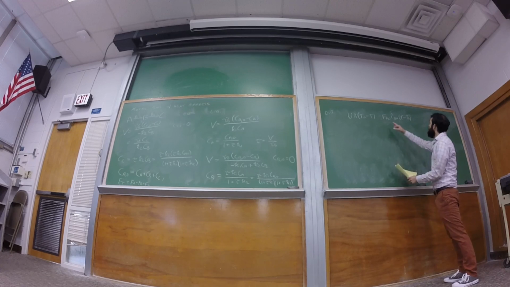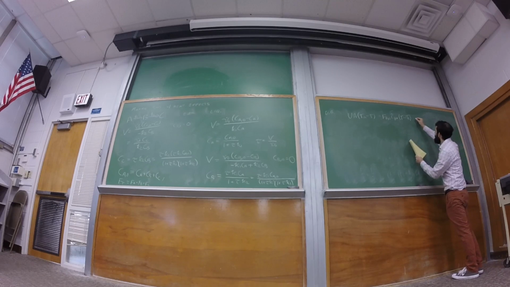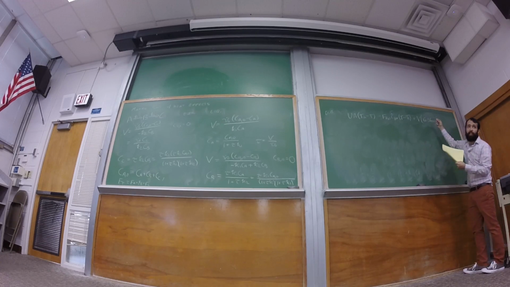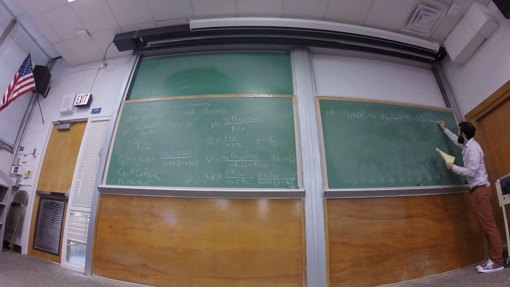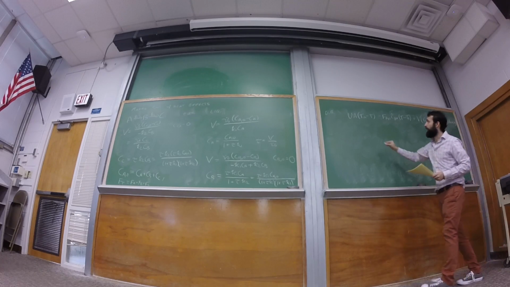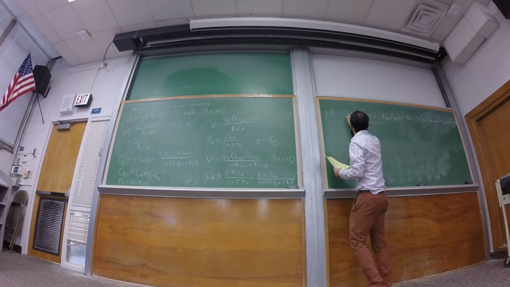So this is the inlet term, and then the generation term. I'm just getting rid of both of the negative signs. And that's just equal to 0.